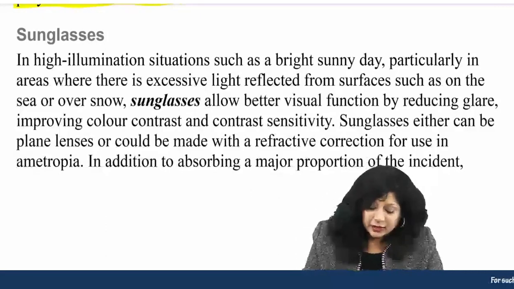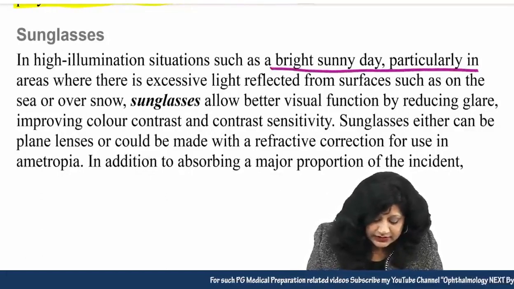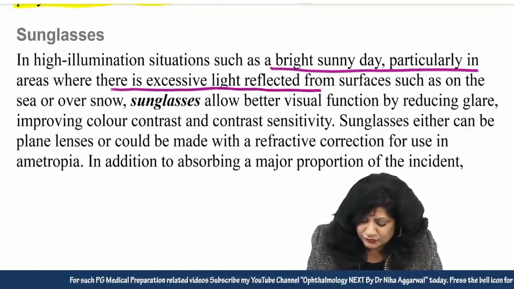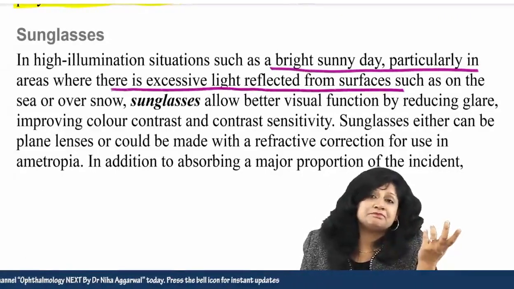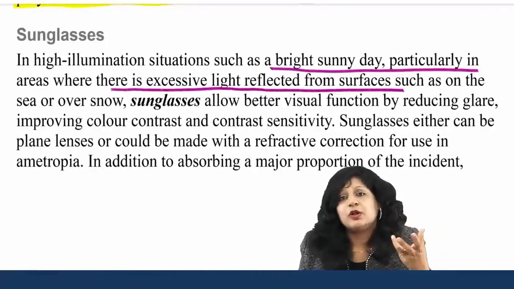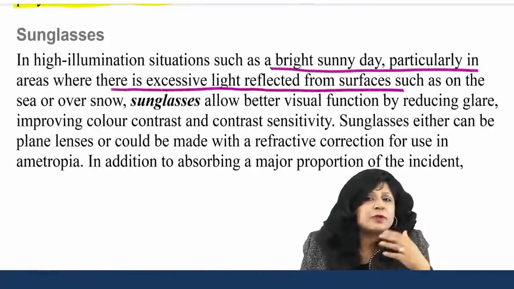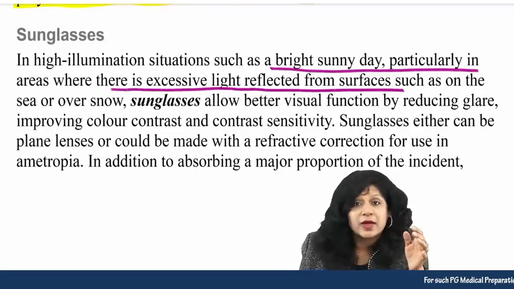In high illumination situations, whenever we have brightly sunny days, particularly in areas where there is excessive light reflected from surfaces, especially when we go to high altitudes where you expect a lot of snowfall and light is reflecting so much from the snow surfaces, at that place particularly we do require sunglasses.